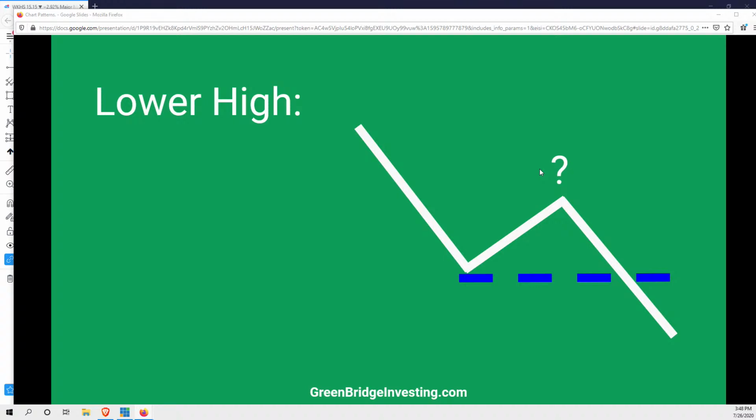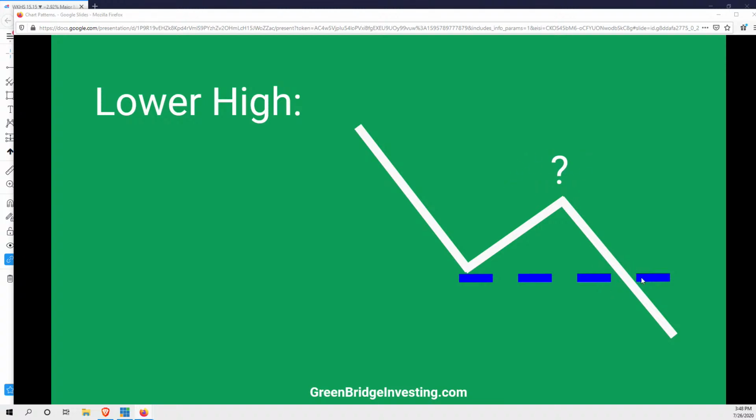You have to have trend defined on a certain magnitude. For example, if we look at daily charts, the trend on the NASDAQ is bullish. There's no question it's bullish. Even though we're getting bearish formations right now, that doesn't mean the trend is changing. The trend is still bullish. We're just getting bearish momentum. And that's really what the sign of a lower high is. It's bearish momentum taking hold.